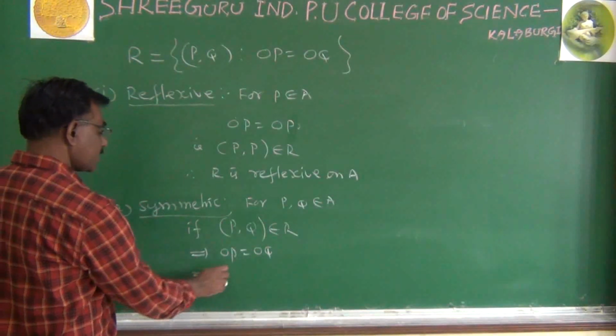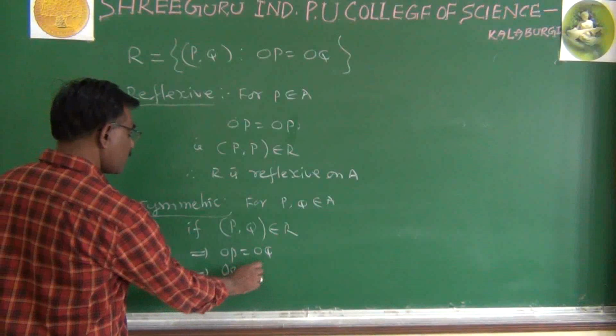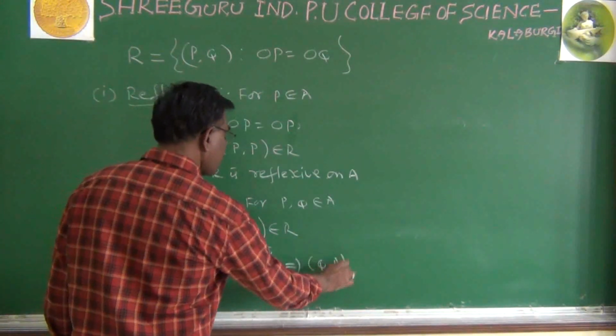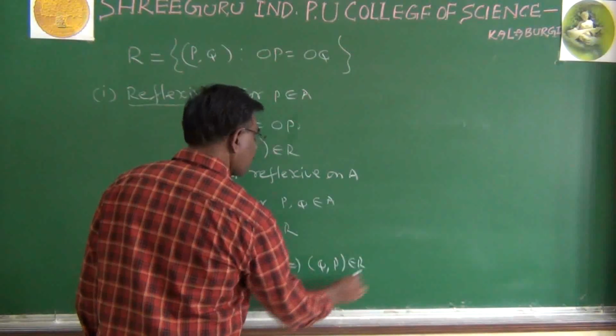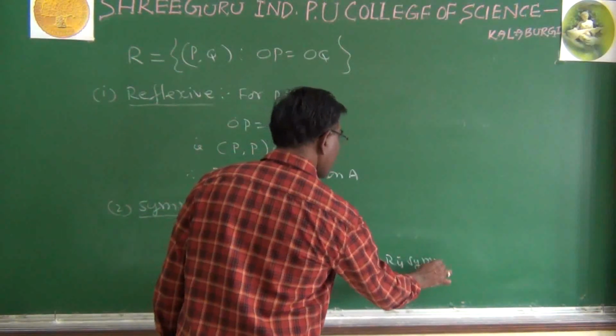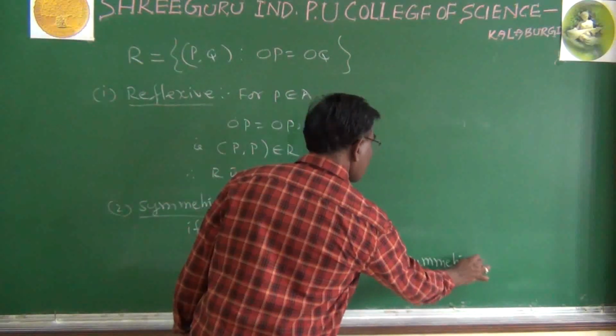It implies OQ equal to OP. So (Q, P) belongs to R. Therefore, R is symmetric.